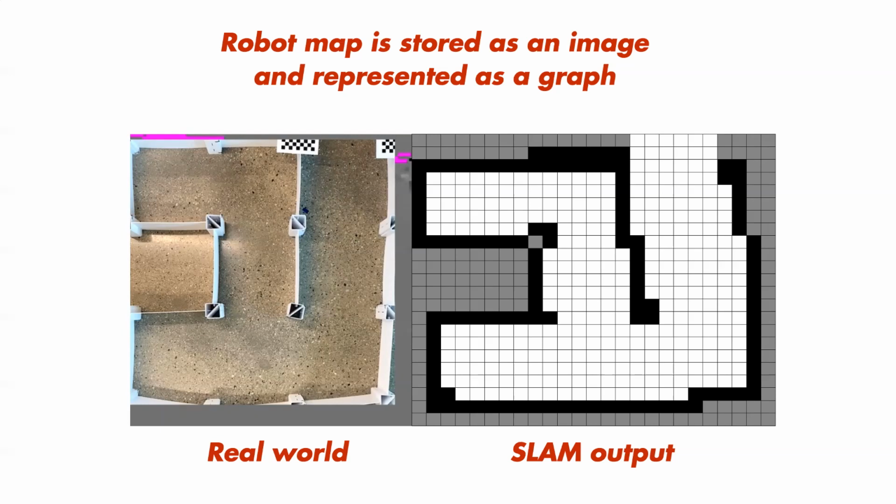If we run the robot through it, we can get a map that looks like this from the simultaneous localization and mapping system. It tells us which areas of space are occupied, which are cells listed in black, which areas are unoccupied in physical space, which are listed in white, and cells where we don't know if there's something there or not, which are shown in gray.